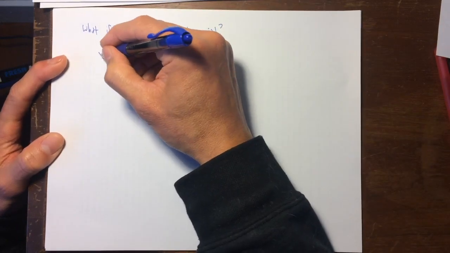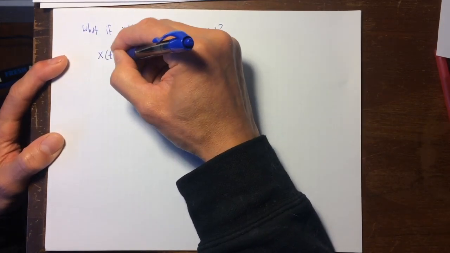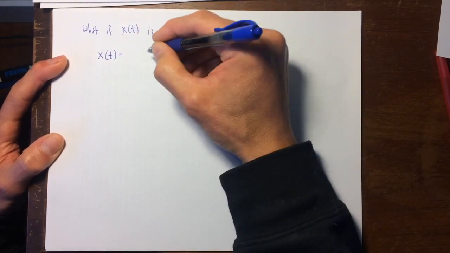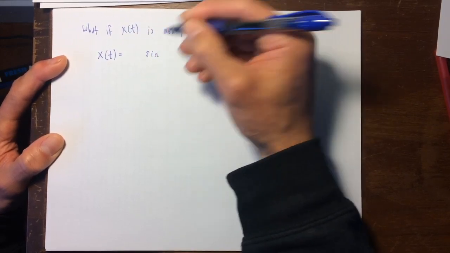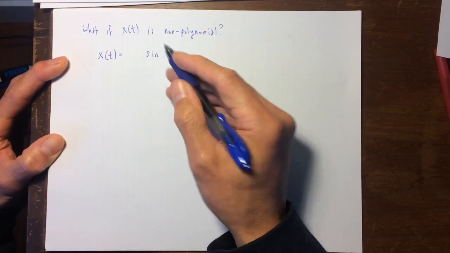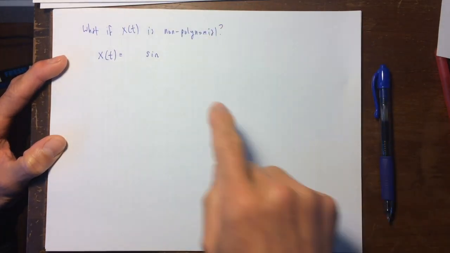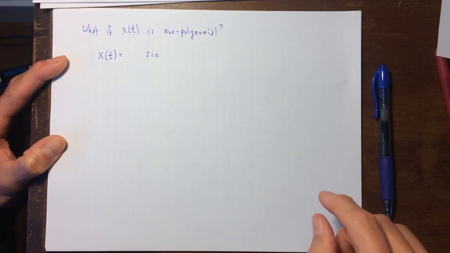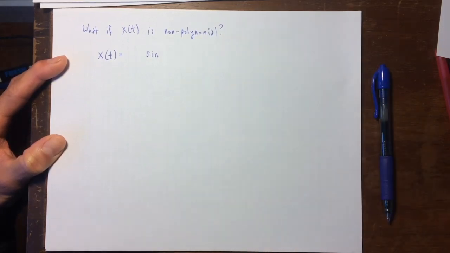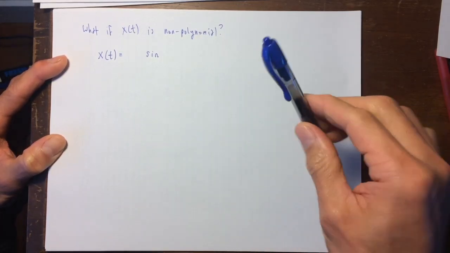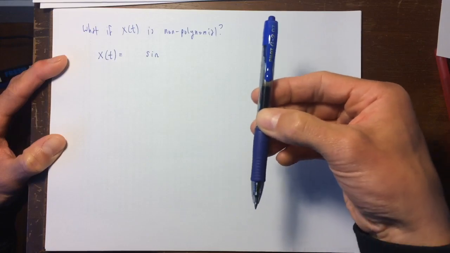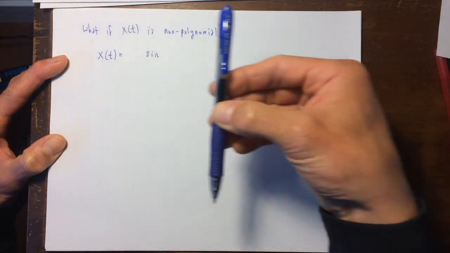So here's kind of a funny example. What if x of t is actually sinusoidal. I want to use a sine function, like a trigonometric function. And if it's sinusoidal, sinusoidal positions, like they kind of go like this. So imagine the pen is the object, and it's just going back and forth like this.